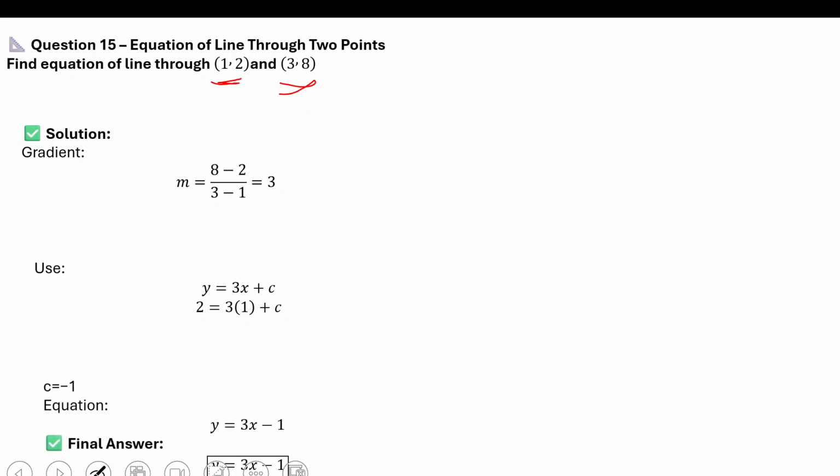So the gradient is 3, and if we use the first point to find the intercept, by putting x as 1 and y as 2, you will get c, because the gradient is already given as 3. So c is minus 1. So the equation is y equals 3x minus 1.